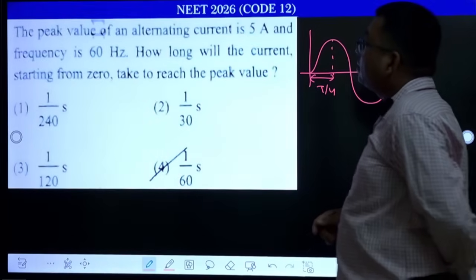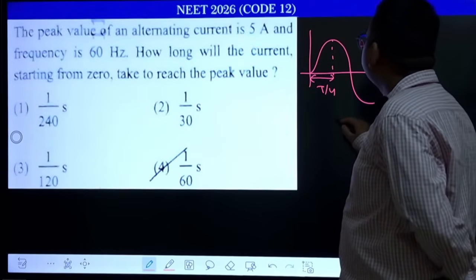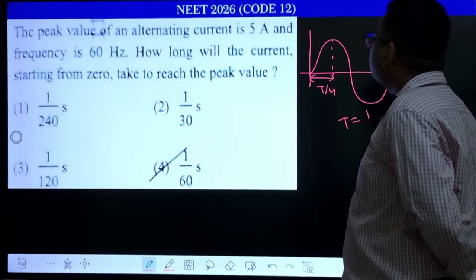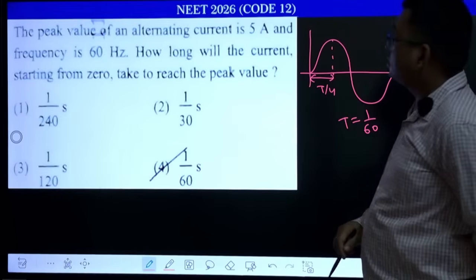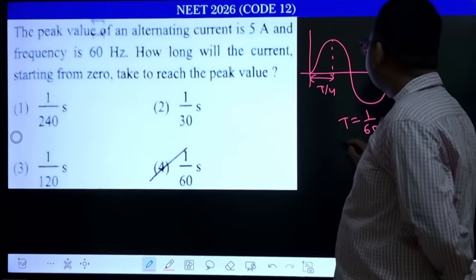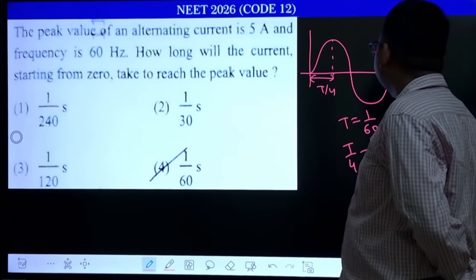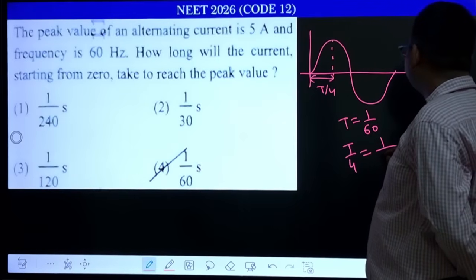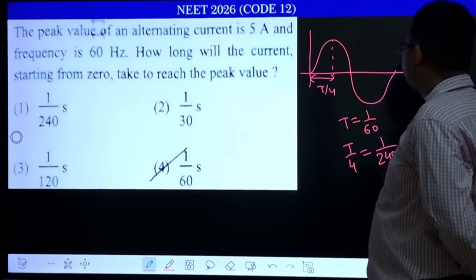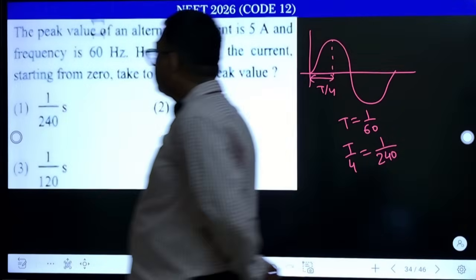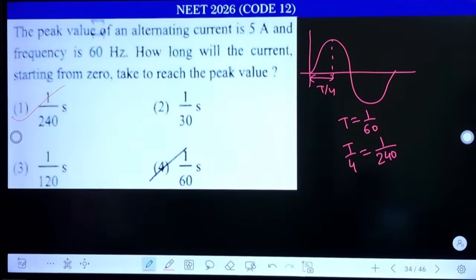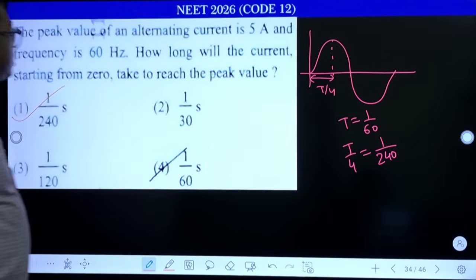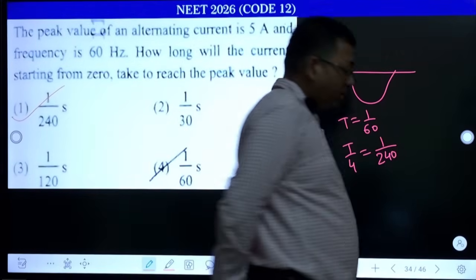So what is the cycle time? The frequency they have given, so the time period is 1 by 60. Correct. And you have to calculate T by 4. So T by 4 is 1 by 4 of 1 by 60, that becomes 1 by 240. Correct. So that's the answer, the time taken starting from 0 to reach the peak value. Fine, let us move next.